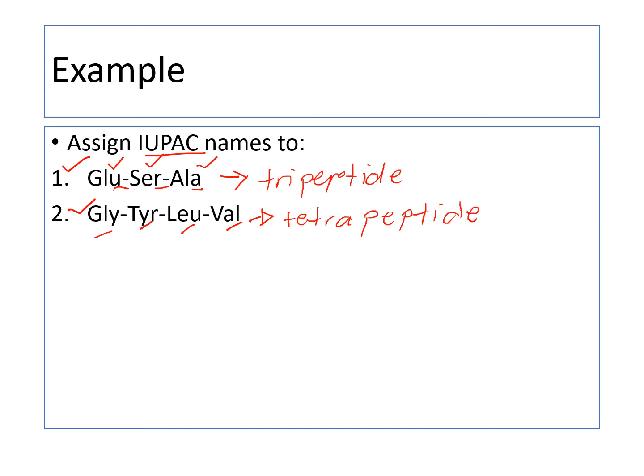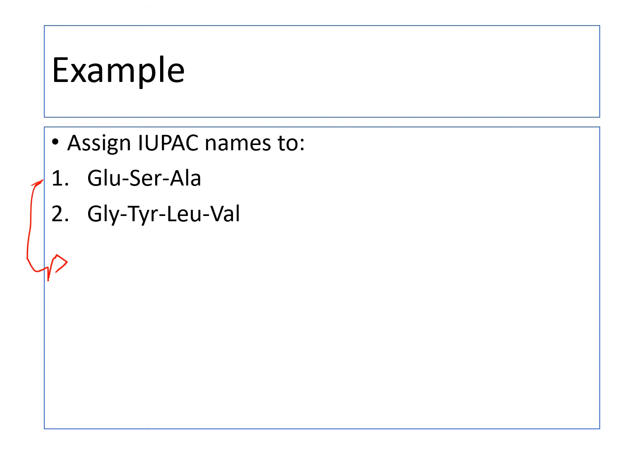Alright, next, let's go now to naming this specific peptide. The first one is glutamic acid. Remember, the manner of naming the peptide is from N terminus to C terminus, which means we will start naming from left until right.